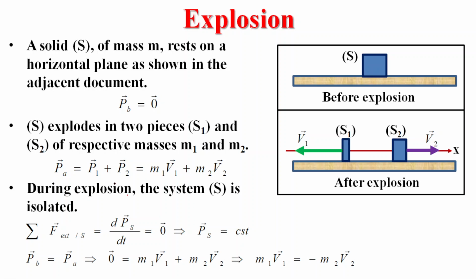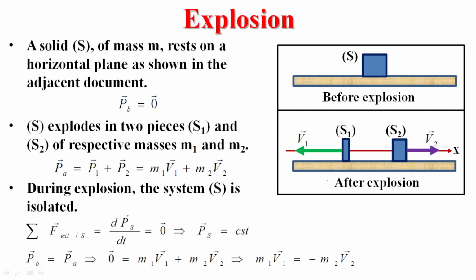During explosion the system S is isolated, so sigma F, by Newton's second law, equals dp by dt equals 0. The derivative of P is 0, therefore P is constant and the linear momentum is conserved. Therefore, P before explosion equals P after explosion. Before explosion, the linear momentum of the system is 0 since the system is at rest.